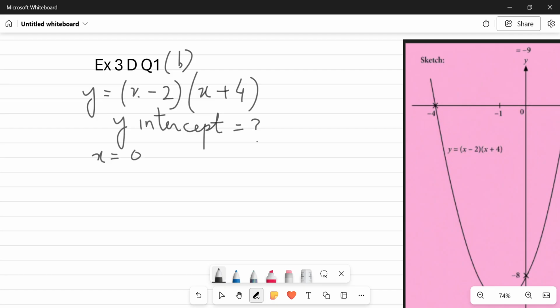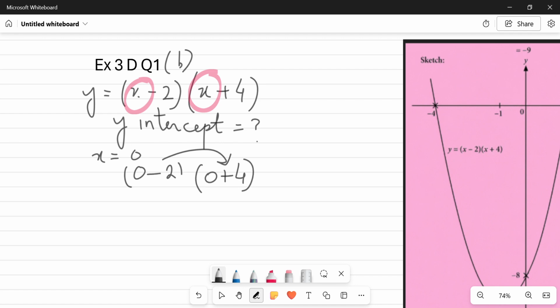When x is equal to 0, you need to substitute the x value here, so 0 minus 2, because here it's minus 2, and then 0 plus 4. 0 minus 2 times 0 plus 4 gives you the answer of minus 8, because minus 2 multiplied by 4 gives you minus 8.